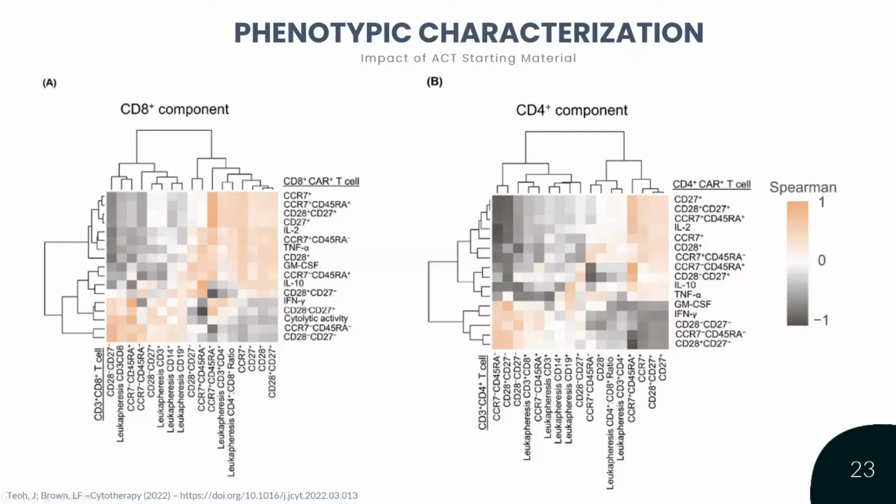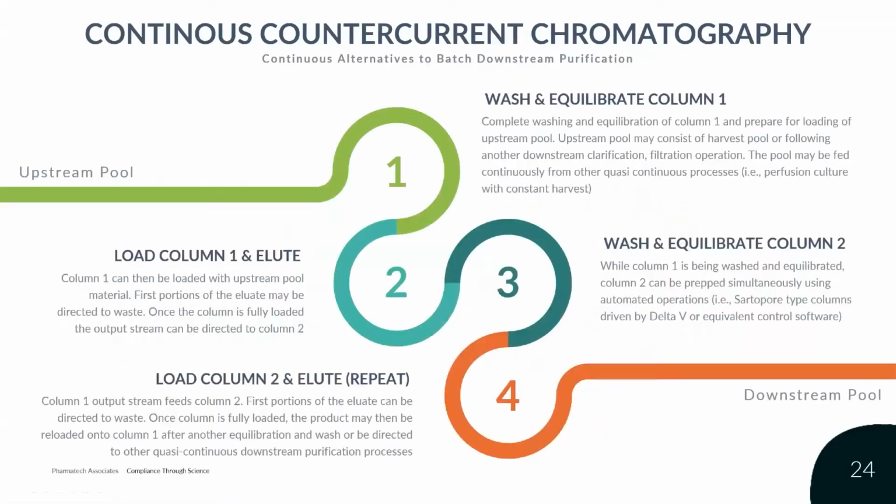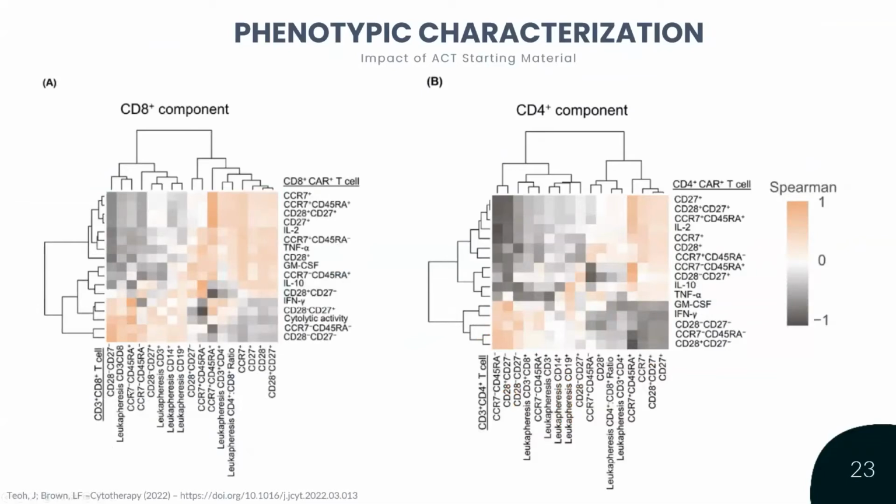There we go. And this is really a marker for terminally differentiated cells. Sorry there. And if you correlate this with IFN gamma, yeah, their cytolytic activity is high. But if you look at their IL-2 secretion or TNF alpha or other markers that would indicate a higher persistence time, you don't really see that. So there are all these other factors that are negatively correlated.